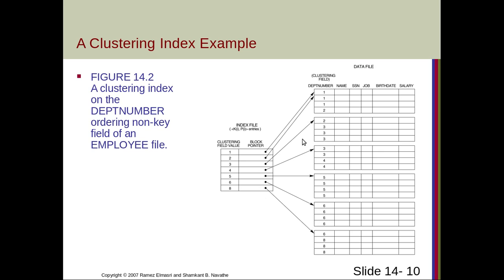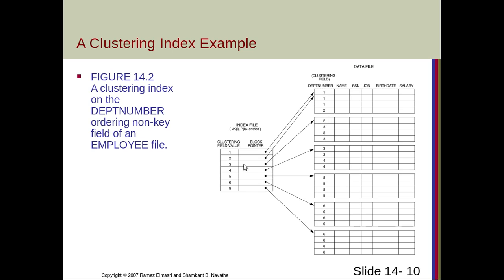See, the first cluster starts from the first block, and in that we have only 3 entries: 1, 1, 1. After that, the second cluster is also starting from the first block. From that starting point, you have only 2 records: 1 record is in the first block and 1 record is in the second block.